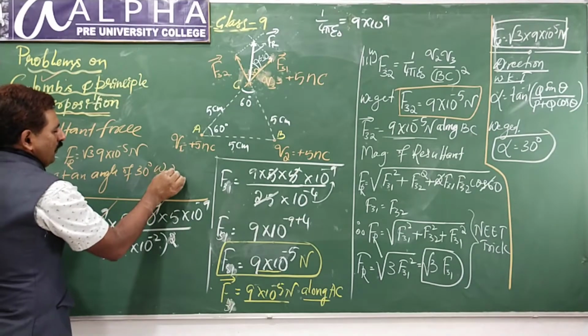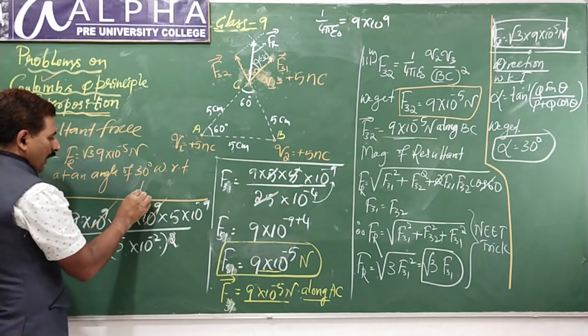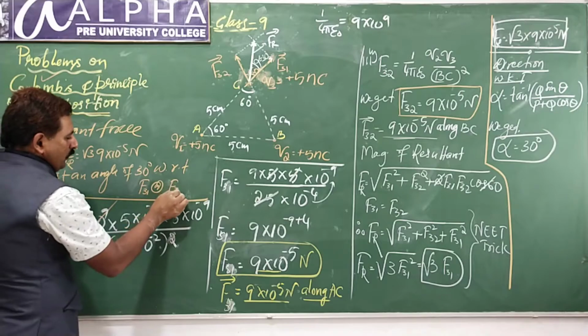If I write WRT, read it as with respect to either of the forces F31 or F32.